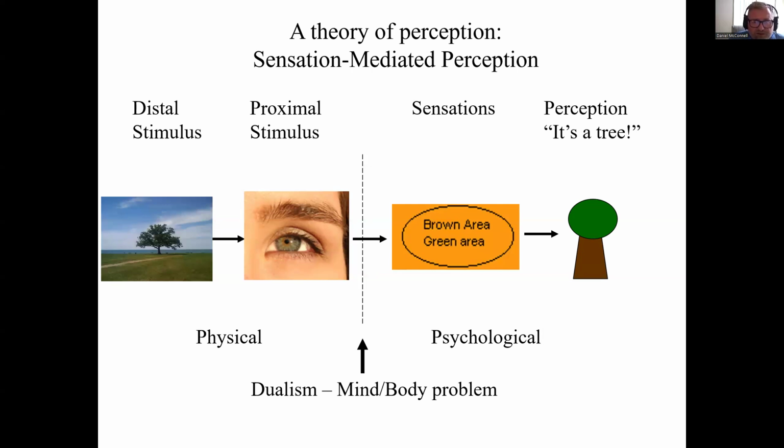In fact, we could ask the question, even though I see the leaves as being green, are they really green? Does color exist in the world? Where did the green come from? Is the light coming from the leaf to the eye actually green, or is it really just light that's somewhere around 470, 500 nanometers in its wavelength?